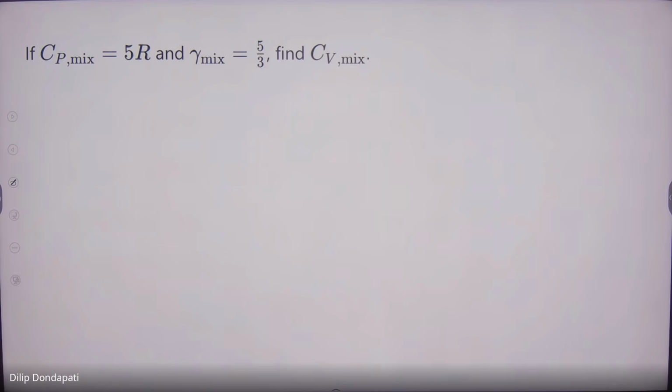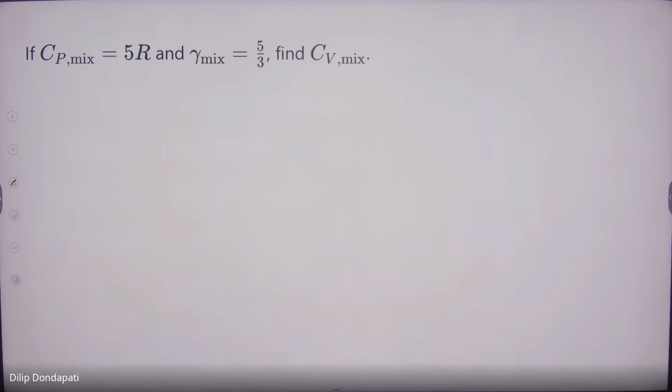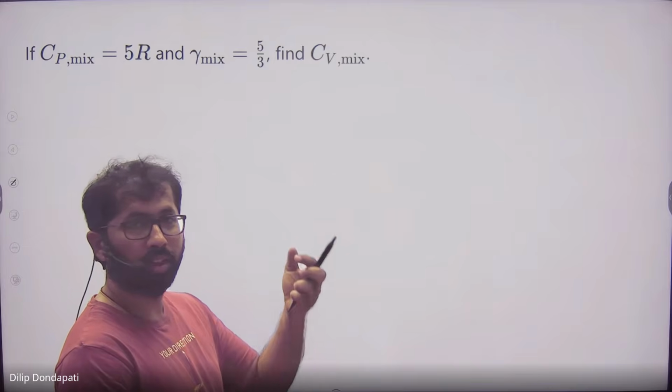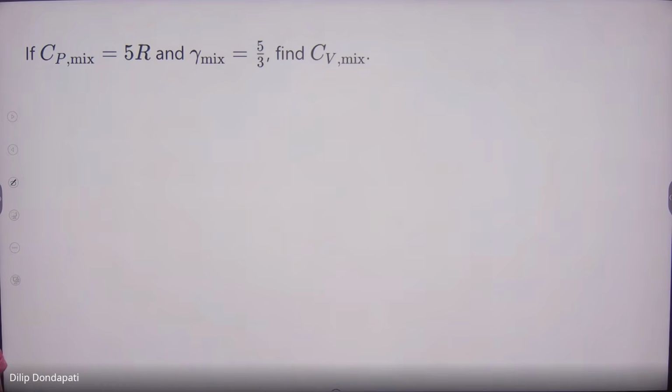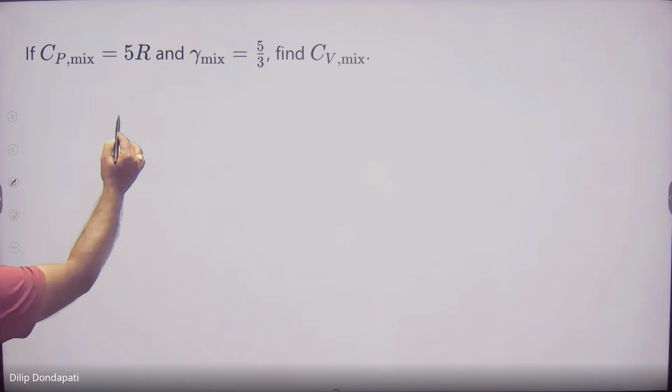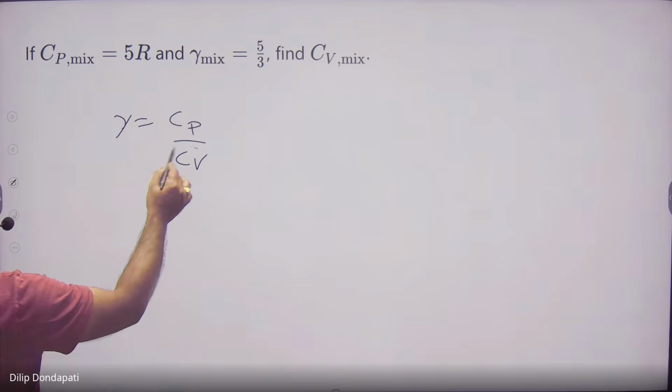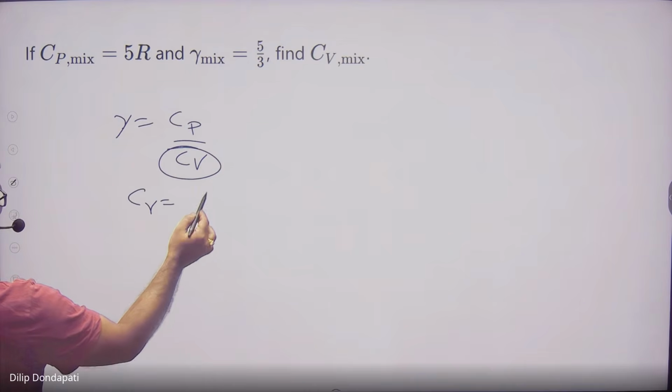Wrong. Sir, why do we need CP mixture? अरे गामा का फॉर्मूला क्या है? So sir, this is 3R given, no? Basic formula is what? Gamma is CP by CV, no? हाँ, CP by CV. Divide करो. CP is given. CV कितना आएगा? See, gamma is nothing but CP by CV. So 3R, right? 3R is answer. CV के लिए CP by gamma.